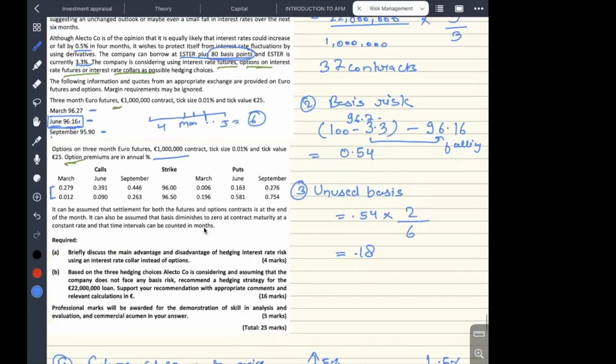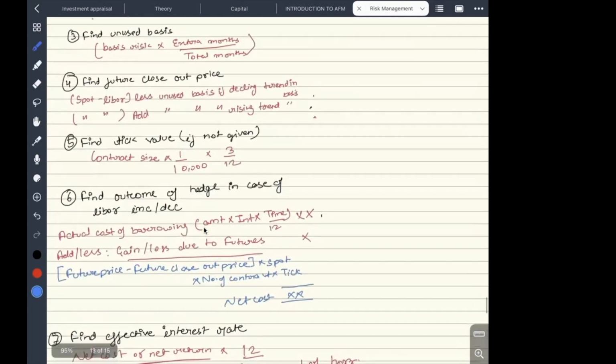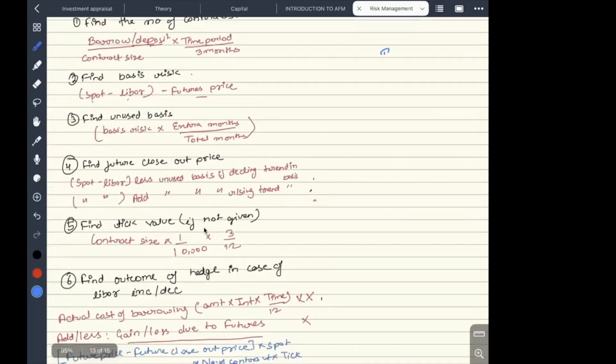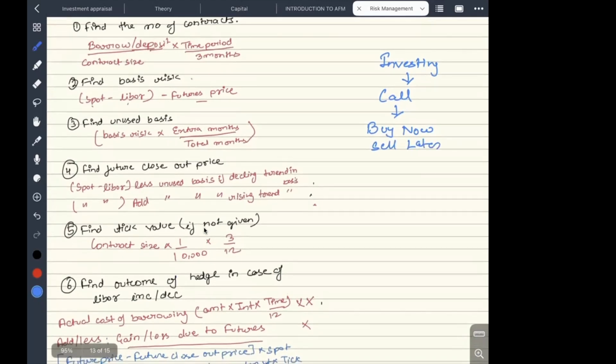Now remember, just one rule. If you are investing, it means you are taking a call. Call means buy now, sell later.